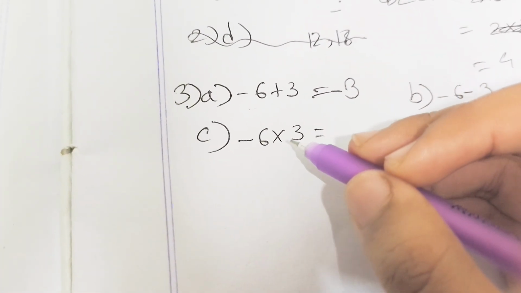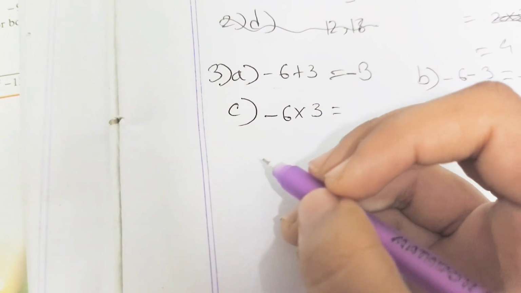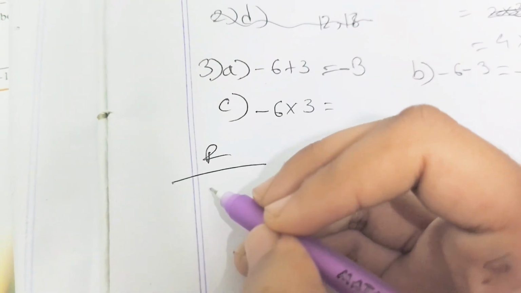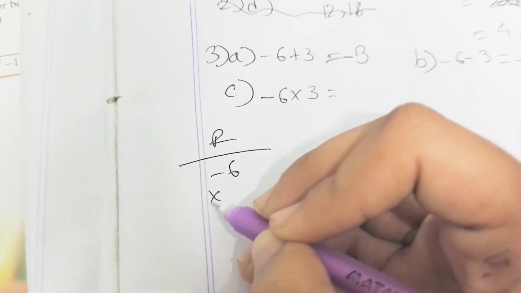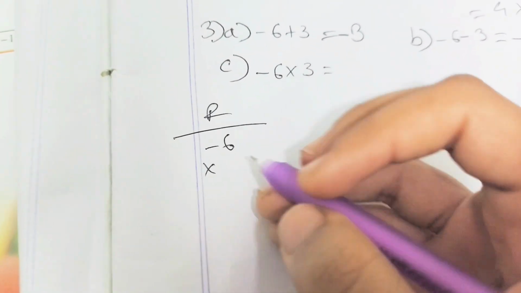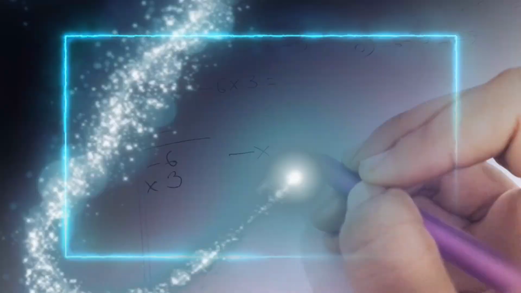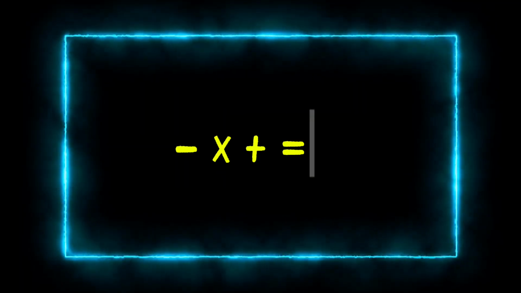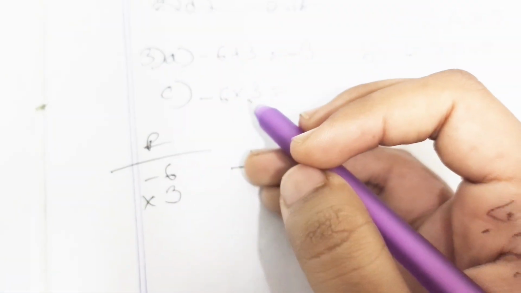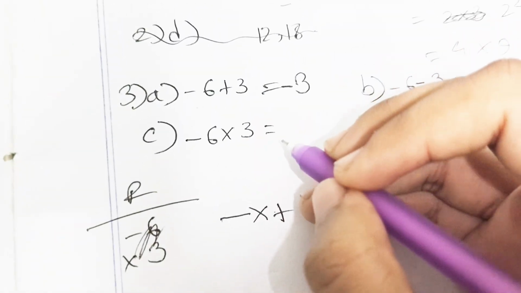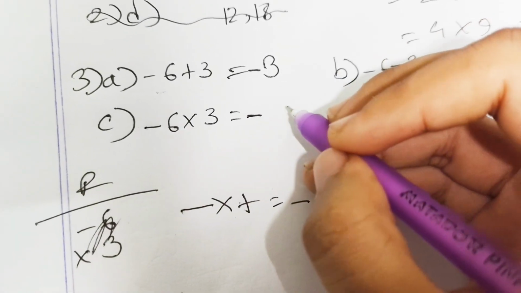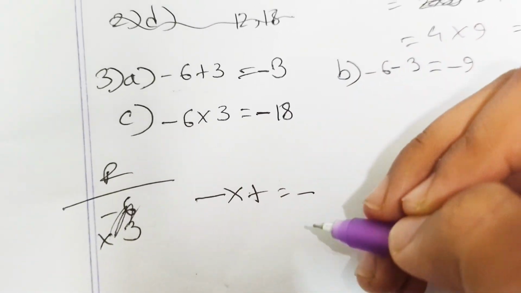We just have to multiply it. We know that minus times plus equals minus. So we just multiply and put the negative sign to get negative 18.